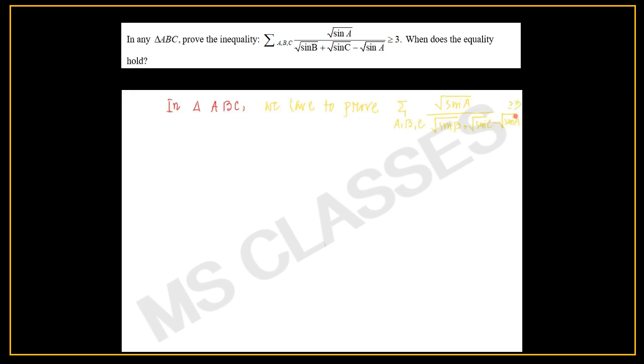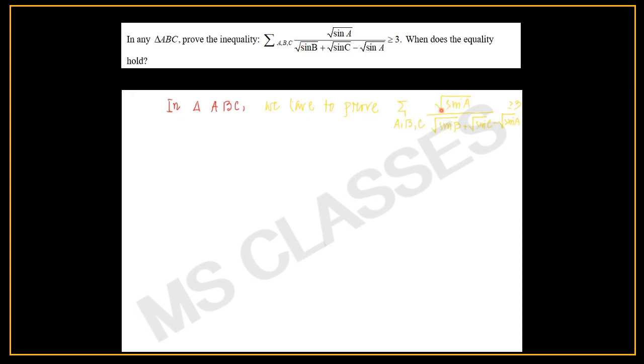First of all, we'll try to bring in the sides of the triangle. Here it is given in terms of angles. If we take it in terms of sides, it will be quite helpful for us.